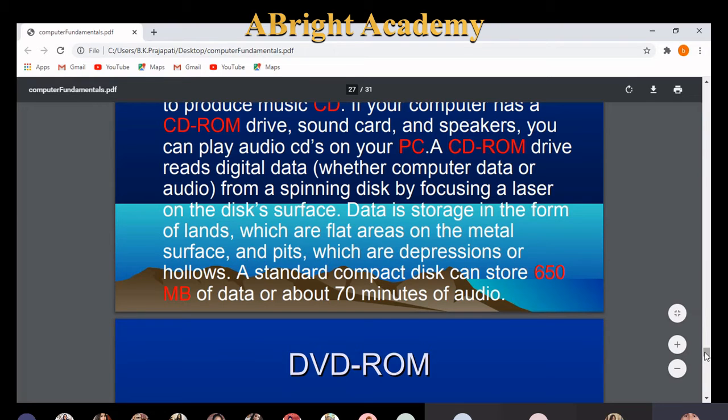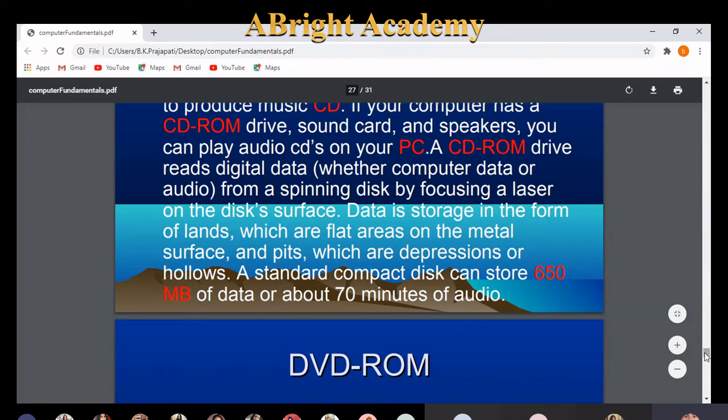Data is stored in the form of lands, which are flat areas on the metal surface, and pits, which are depressions or hollows. A standard compact disk can store 650 MB of data or about 70 minutes of audio.